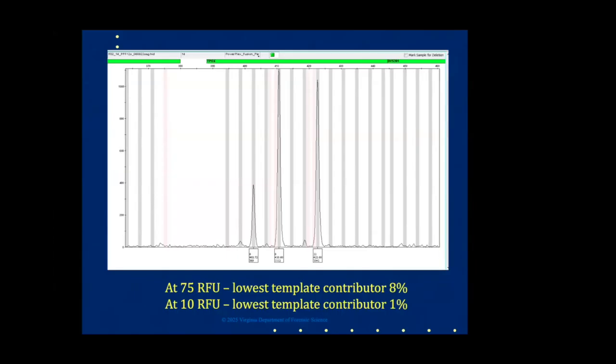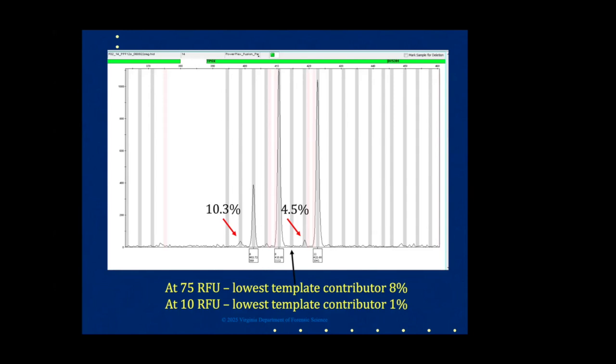So next slide. If we take a look at that locus blown up a little bit, you can see there's a 5 peak in the stutter position, and there's also a 10 allele in the stutter position. And then there's nothing, of course, for the 9 allele, nothing at all there.